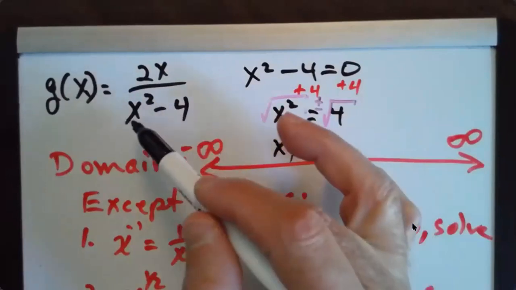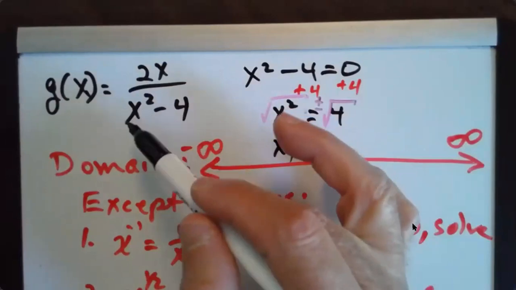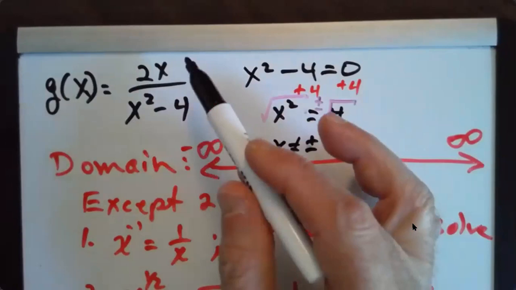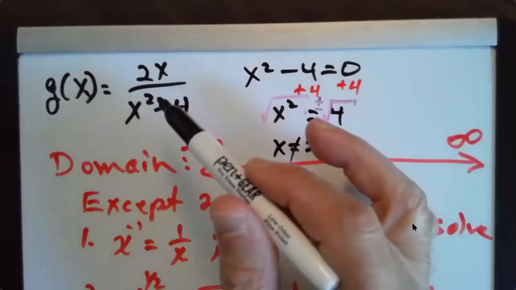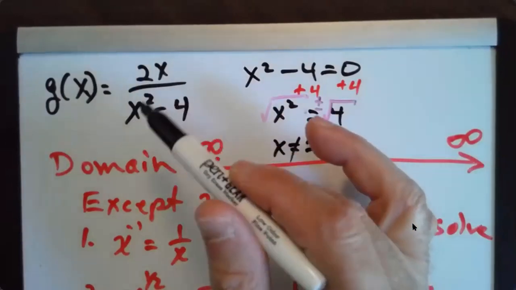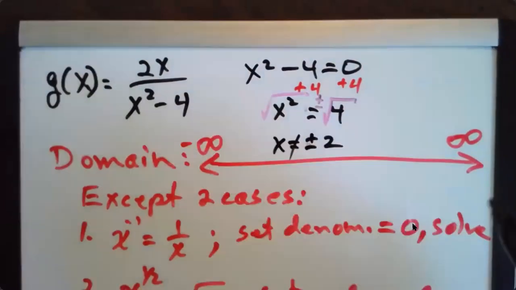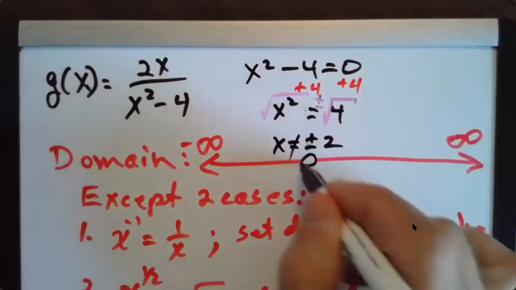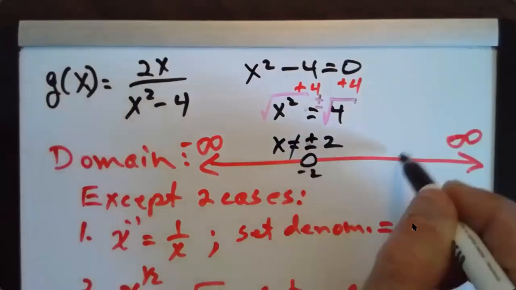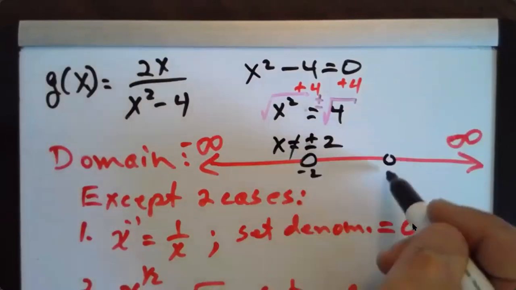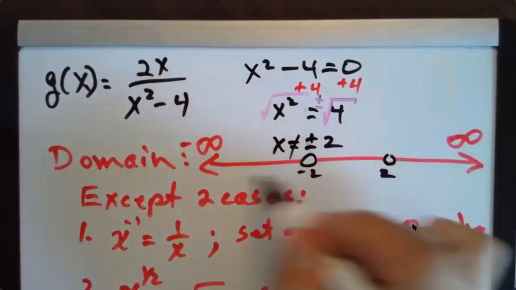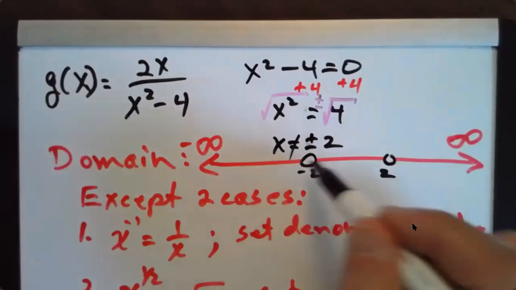Negative 2 times negative 2 is 4, 4 minus 4 is 0, and in this case you get negative 4 over 0, and that's undefined. So what that does is it puts holes in our domain. So everything is a solution except at negative 2 and positive 2.